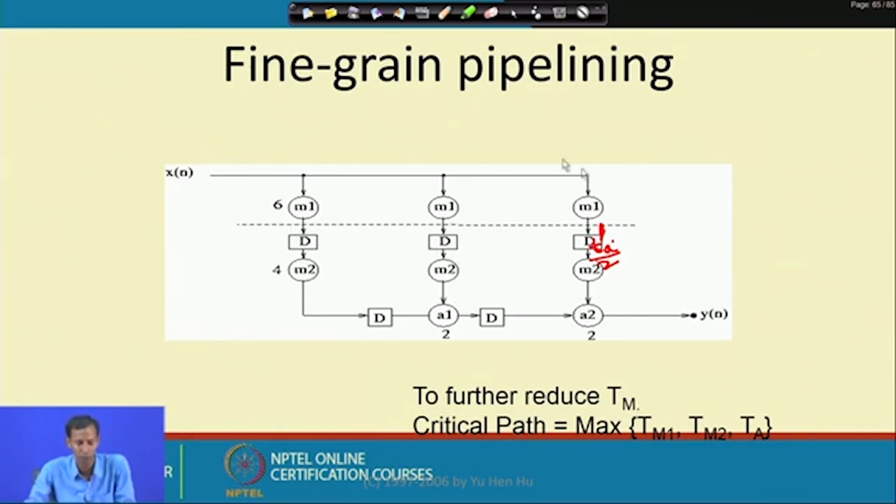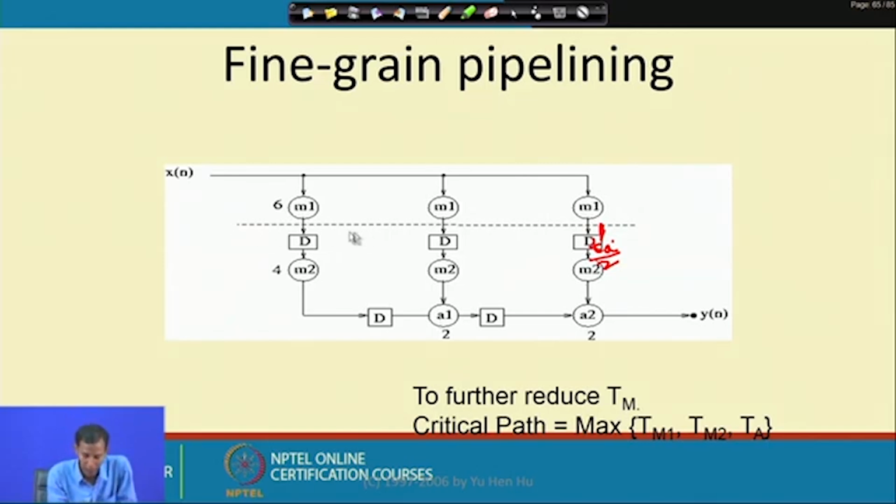The critical path for this system is limited by the adder delay, which is 2, and 10 is the multiplier delay. If I do not put a delay in between this multiplier, the critical path will be 10 here and 2 here, so a total of 12 nanoseconds.